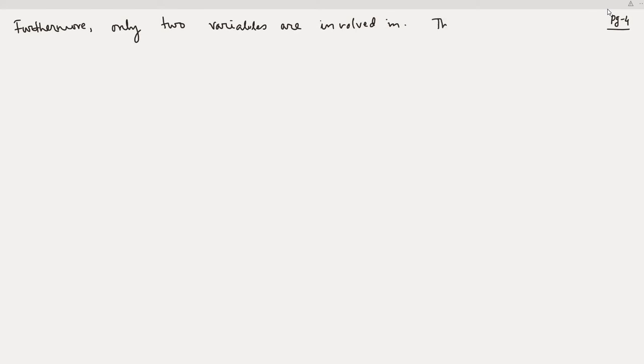Therefore, it suffices to consider n equal to 2.